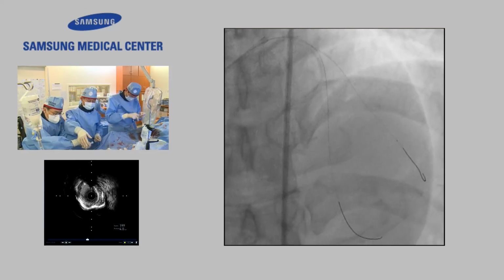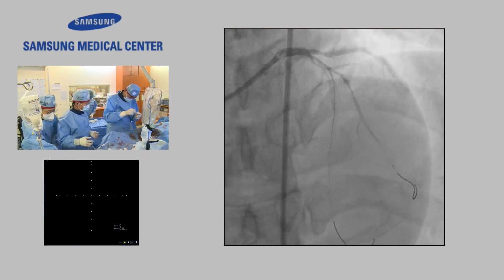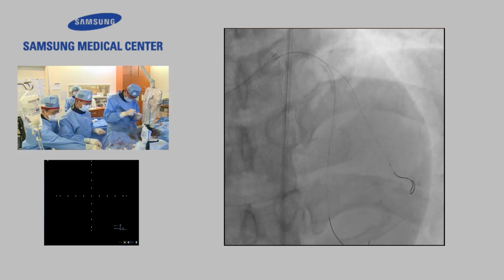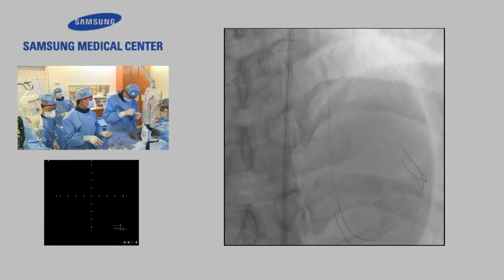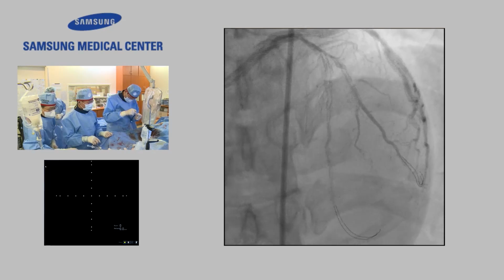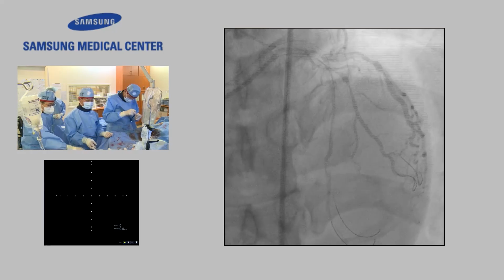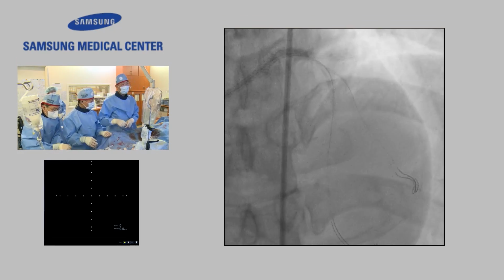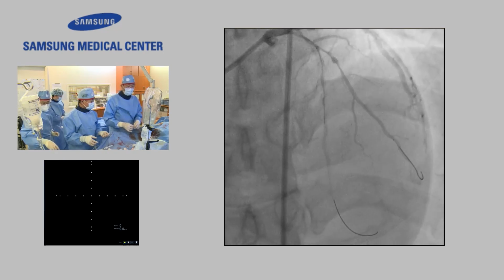In the beginning, you showed three options for diagonal branch wiring. In retrospect, which way do you think is best? In my mind, I would try the proximal one because it is easier, with a higher success rate. If we start proximally, then the wire ends up in the middle of the diagonal.